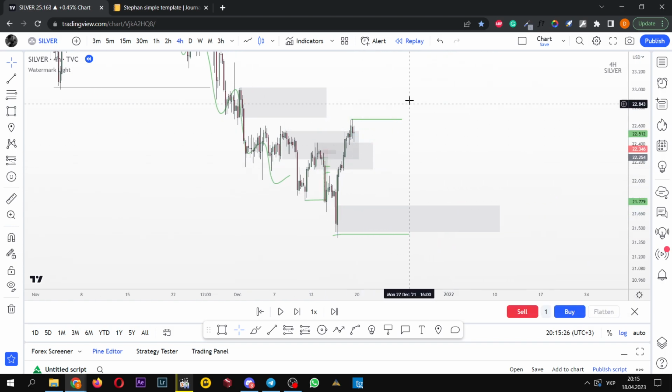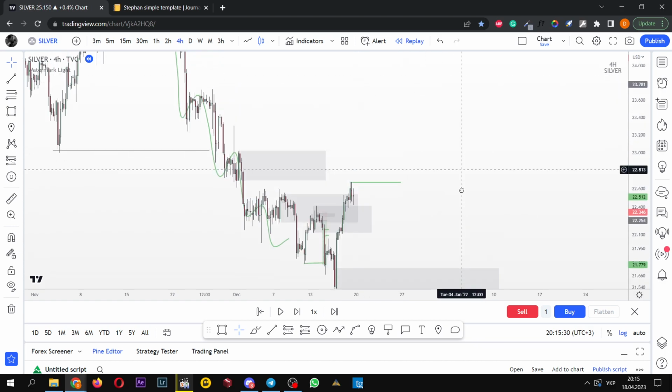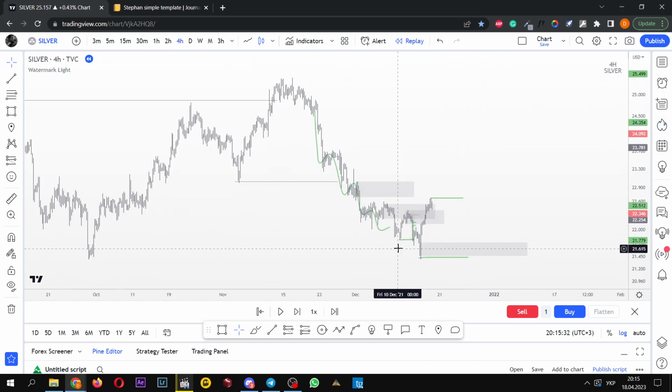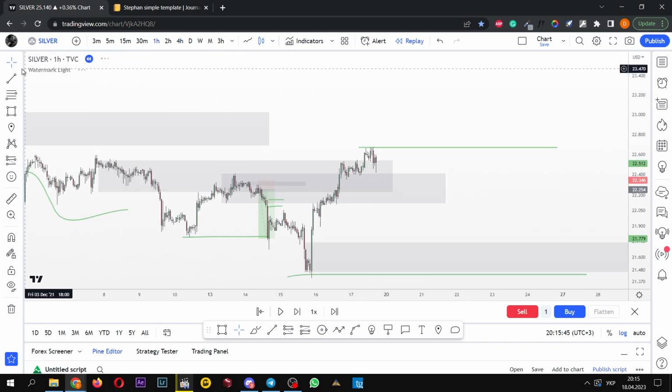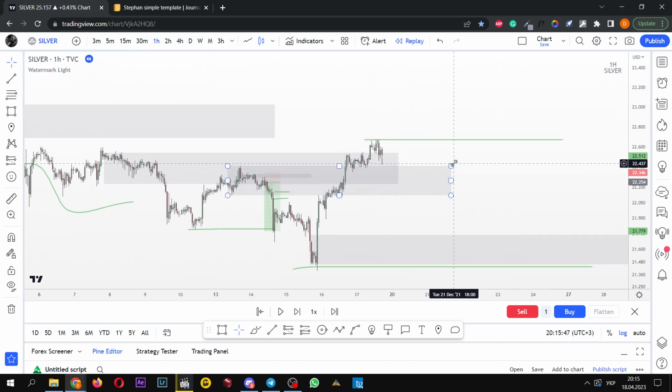If we break to the upside again, then I will be more bullish on this market because we maybe already did what we want here from these structural daily moves. So it's like 50-50 going to 1 hour, and let's see what happens.